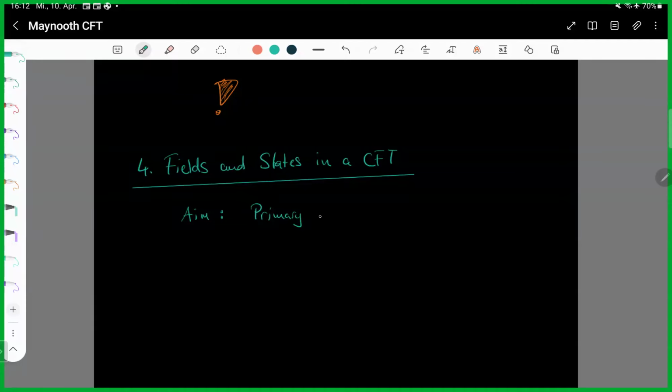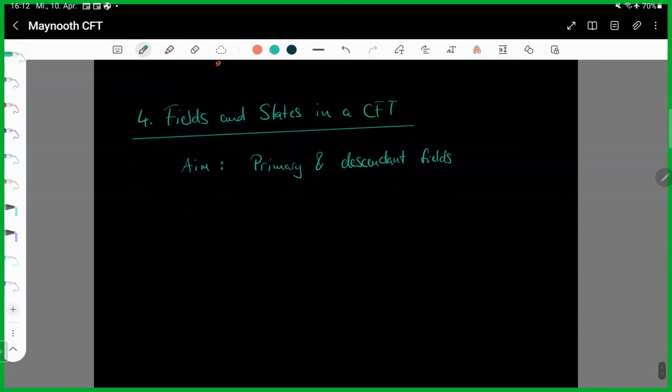Let me just briefly outline to you what the aim is. There is a special class of fields called primary. I'm going to explain to you what that is. And all other fields are called descendant fields. The distinction will be more concrete in a moment. I'm going to talk about the operator state correspondence, and this is a quantum thing.